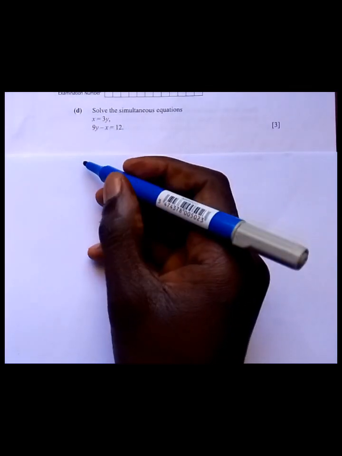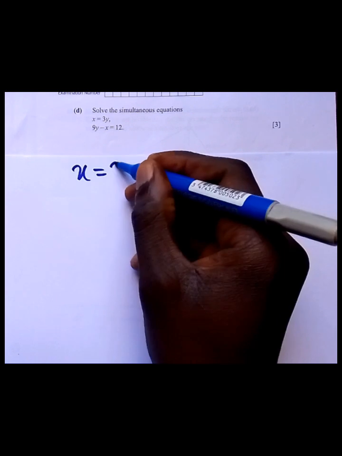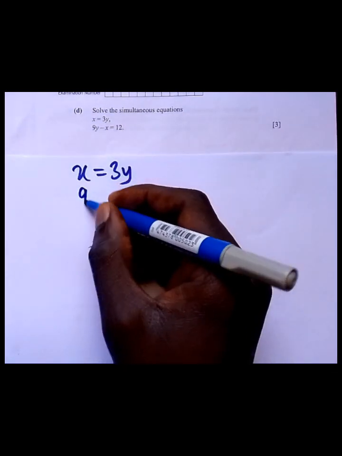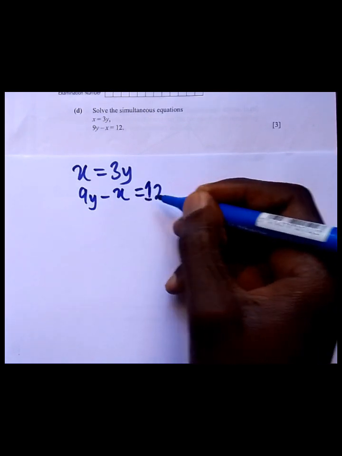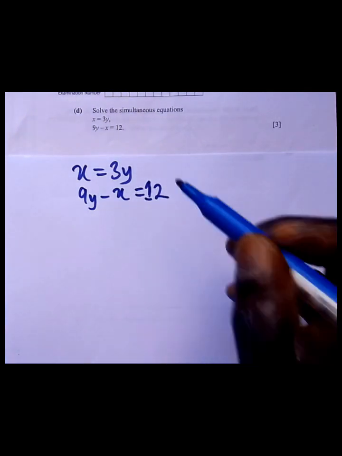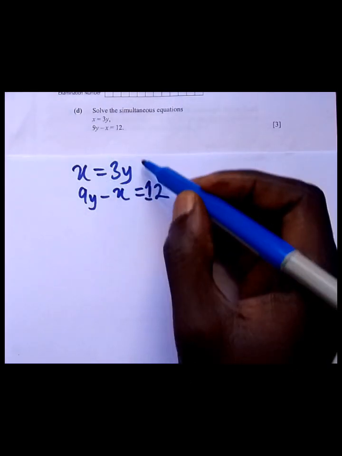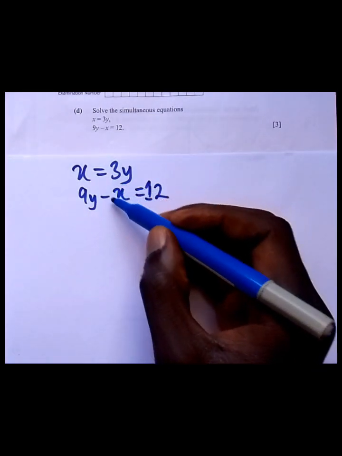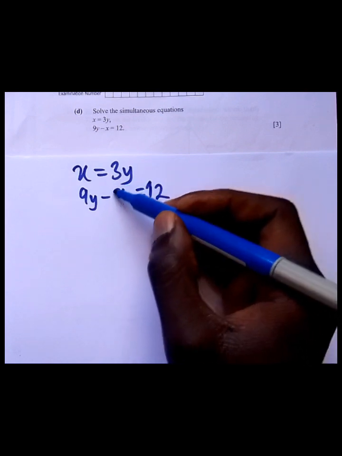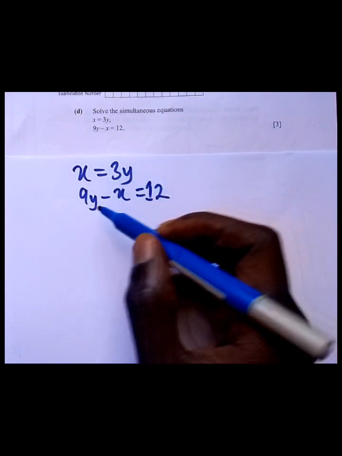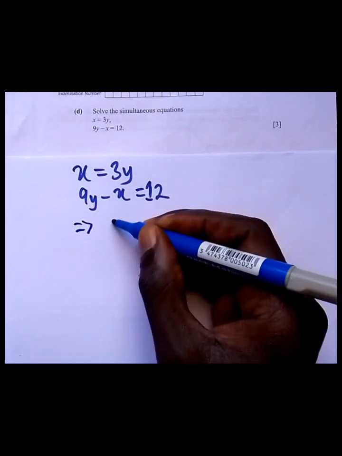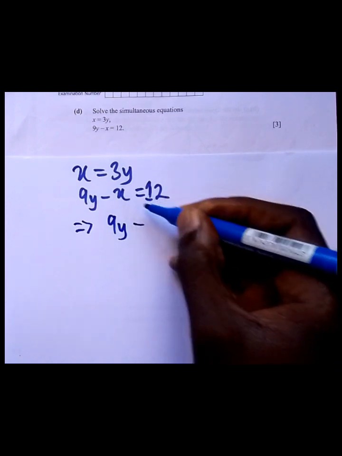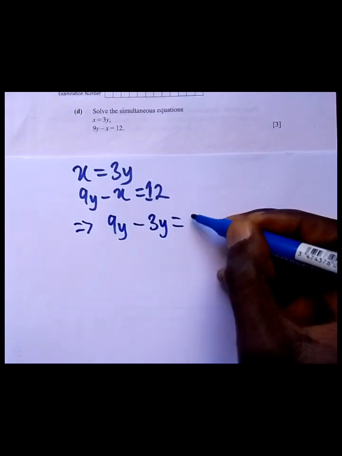Where there's x in equation 2, we're going to put 3y so that we can first find the value of y. So this will give 9y minus 3y equal to 12.